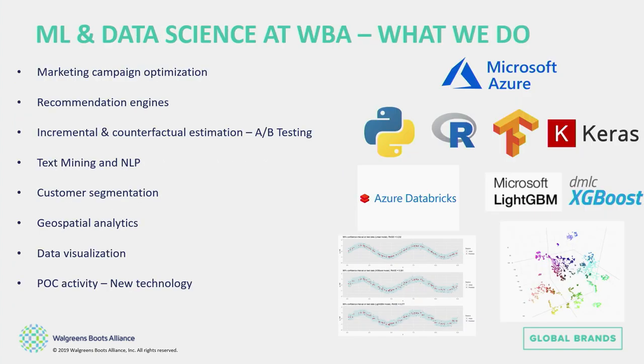So in terms of data science at Walgreens-Boots Alliance, what is it that we're actually focused on? First and foremost, marketing campaign optimization. These are the machine learning models that drive our campaign and marketing activity. We spend so much time on this because it's really important that we demonstrate that we understand our customers.